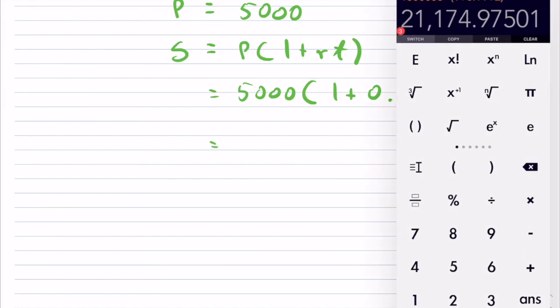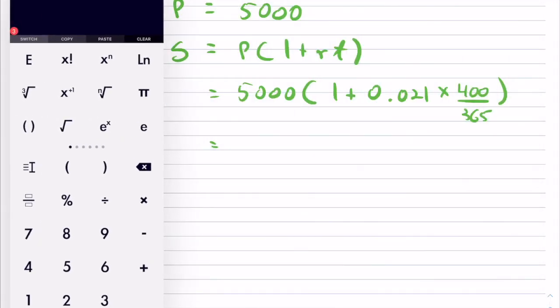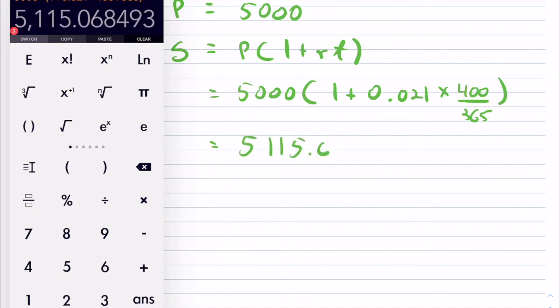So 5,000 times, open bracket, 1 plus 0.021 times 400 divided by 365, equals. All right, and this would be our answer, and round it to the penny. That's our future value for this example. And that wraps it up.